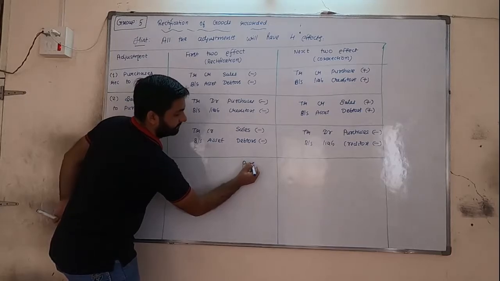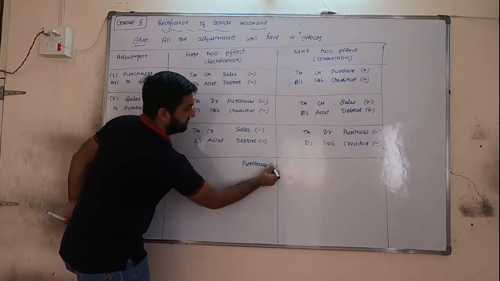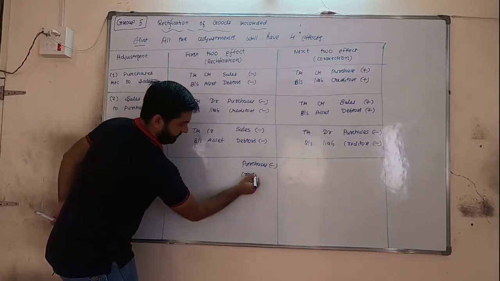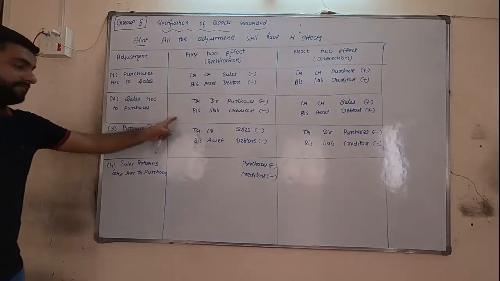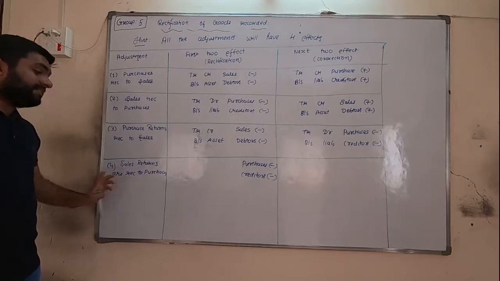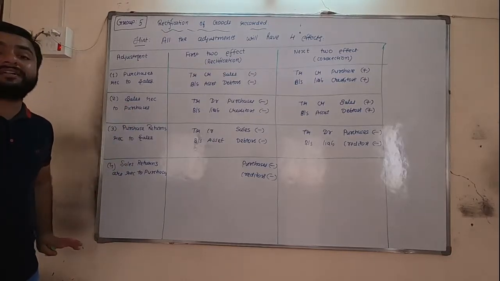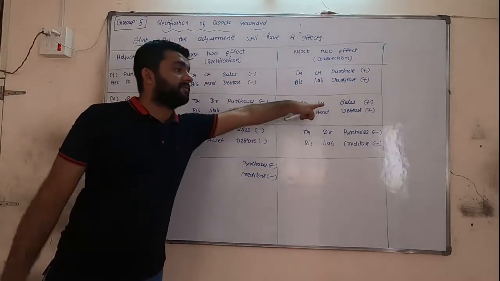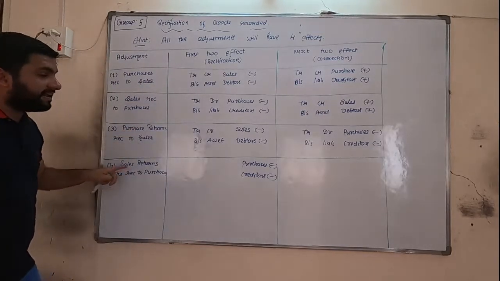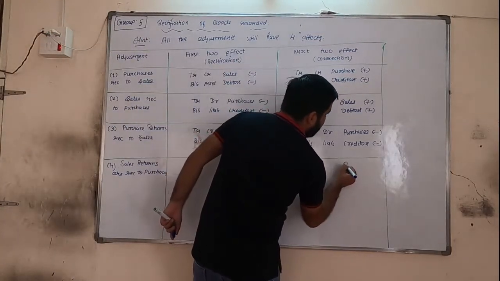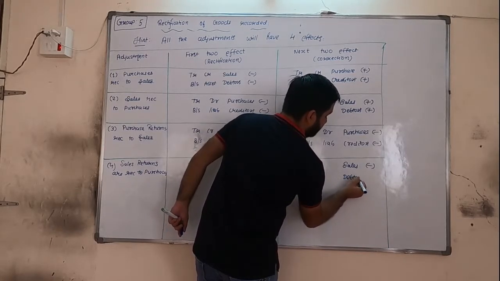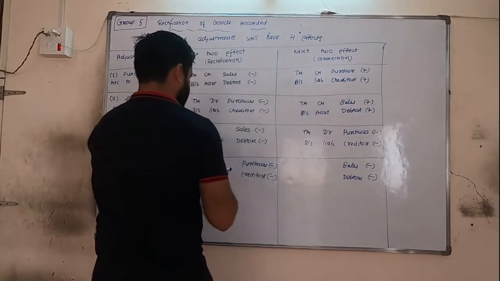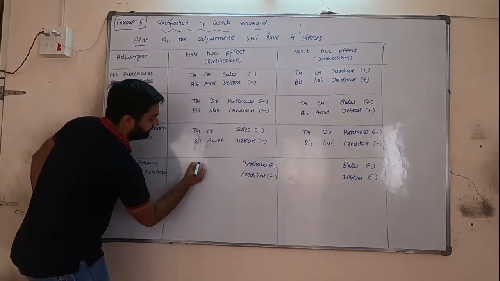So purchase minus, creditors minus. Compare with this thing. Now actually they are sales returns and actually they are sales. If they are purchases or sales, then plus plus. If they are returns, then minus minus. So second effect, sales minus, debtors minus. Now we are writing the whole thing.